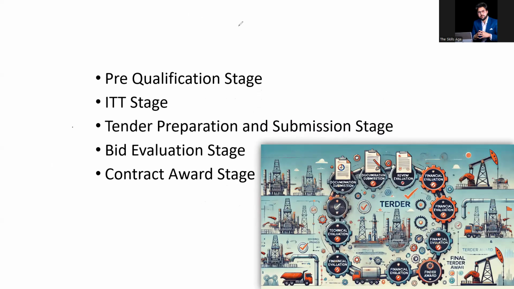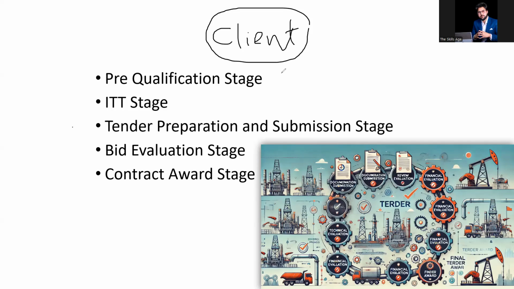The client, which we call Aramco, ADNOC, a government authority or project owner, is going to hire a consultant, and they are going to prepare certain documents, and after that they are going to bid this project. Either this project belongs to an oil and gas pipeline project, building, road, petrochemical industry, anything.